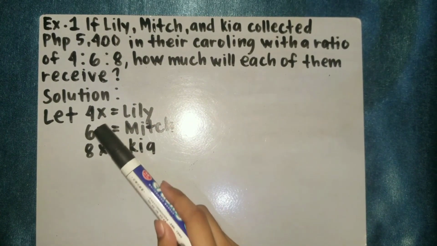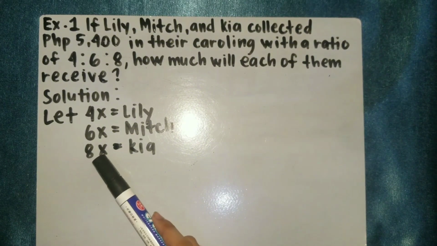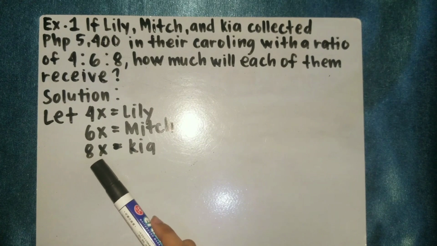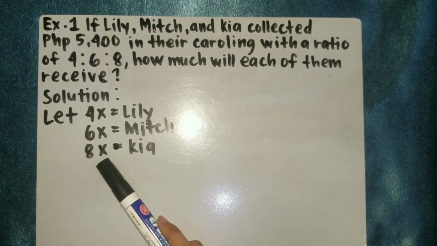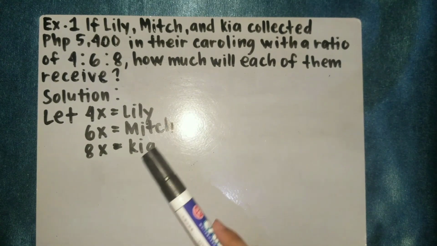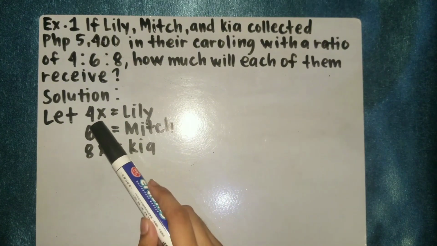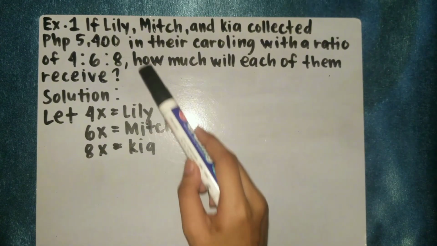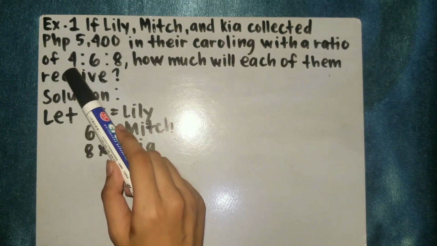Sa bawat quantity ng ating ratio, may nakalagay na x variable upang ito yung mag-represent sa unknown number. Dahil kailangan natin malaman yung value ng x para malaman natin kung magkano yung marireceive nila Lily, Mitch, and Kia. Then si Lily naman, nire-represent niya itong 4x dahil si Lily yung unang nabanggit dito sa problem at ang 4 ang unang nabanggit dito sa ratio.